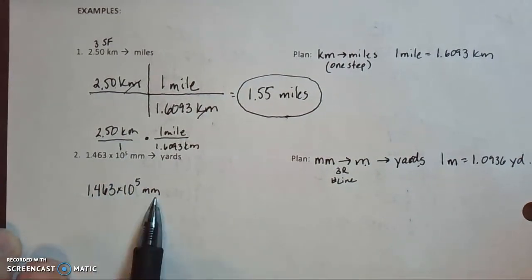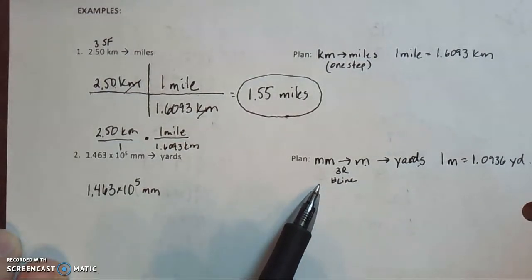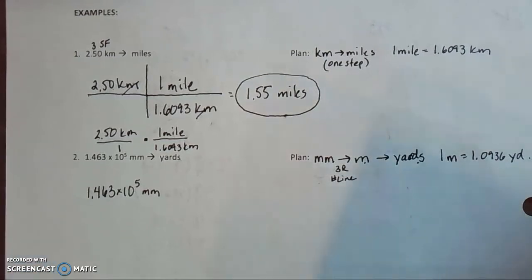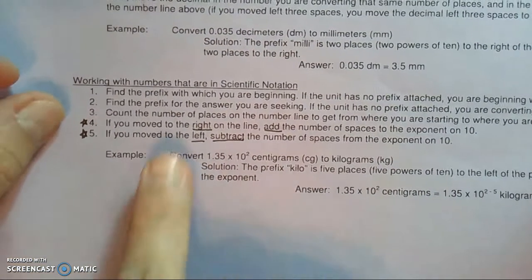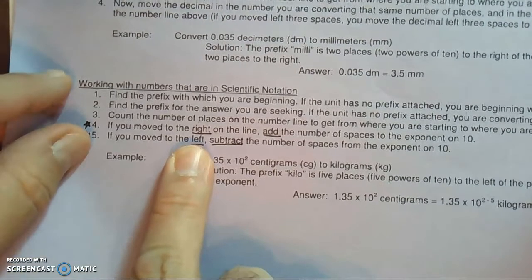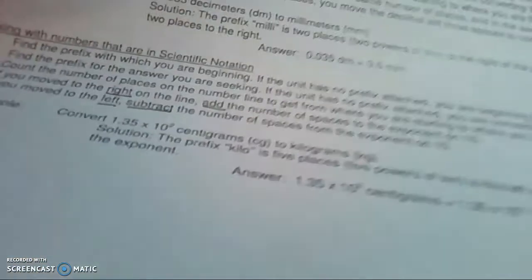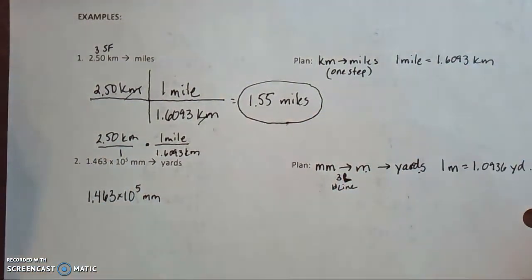With this, if I need to move 3 to the right on the number line, what do I have to do here? If you forgot, you need to look here. If you move right on the line, we add the numbers. We moved actually left. I cannot tell the difference between right and left.